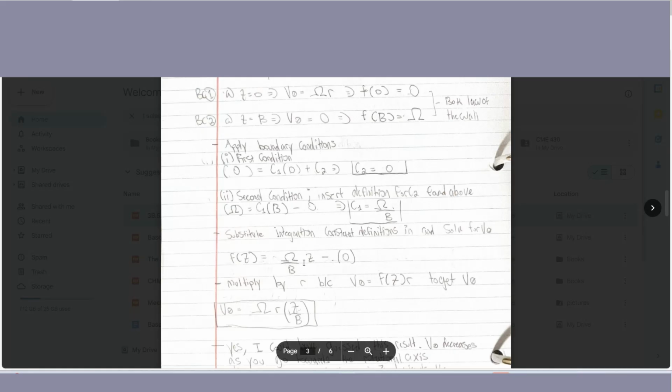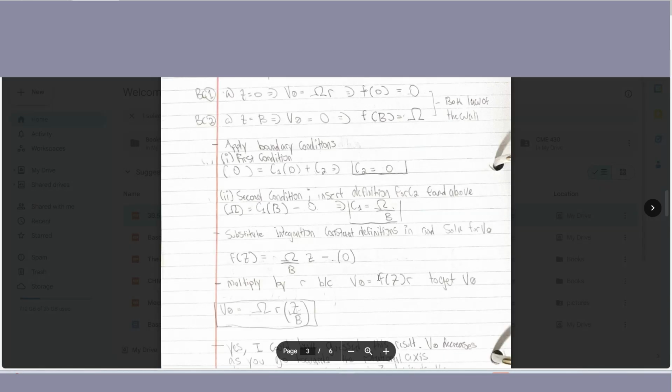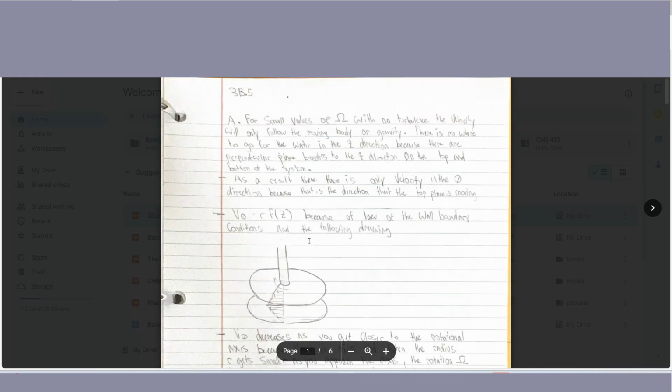f of z equals sigma over b times z, and then we convert f of z to v theta with this equation here. f of z equals v theta divided by r, so we solve for v theta equals sigma r times z over b. And it makes sense when you look at this profile here.